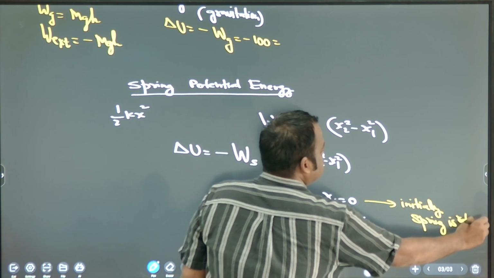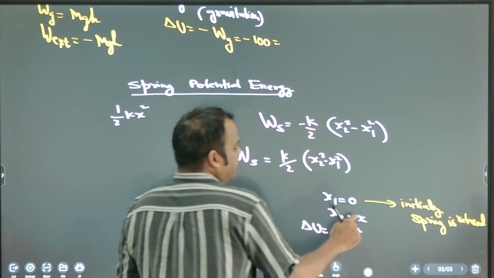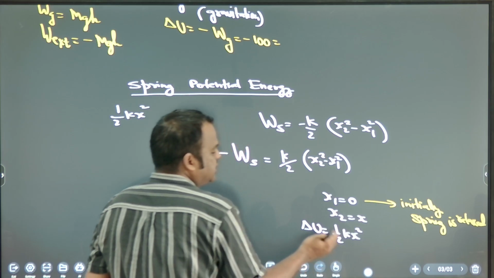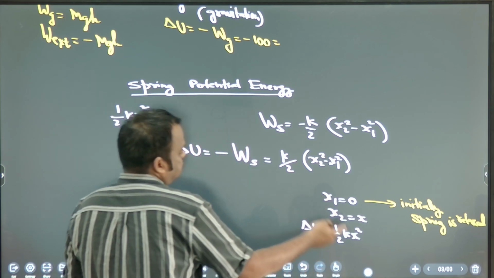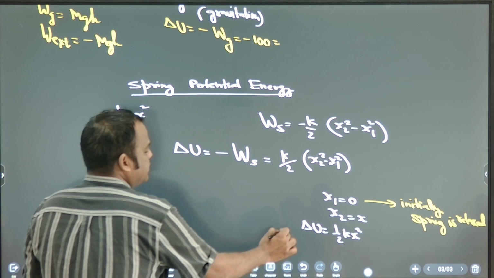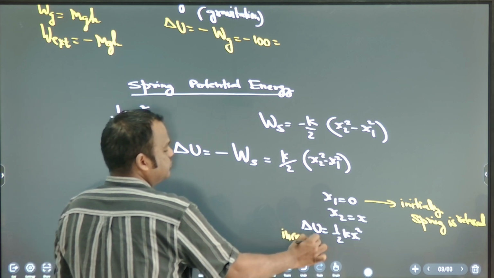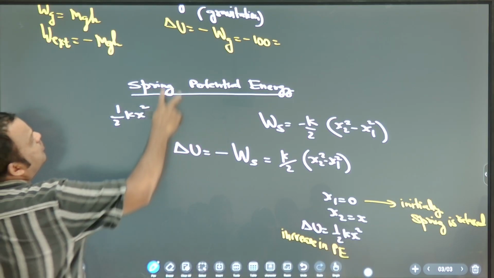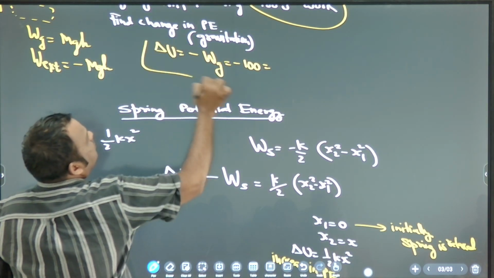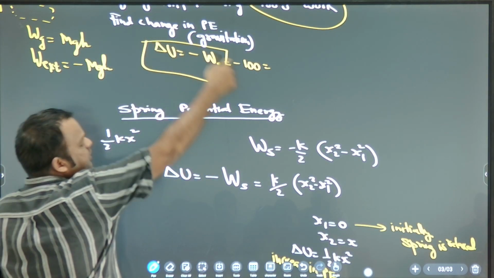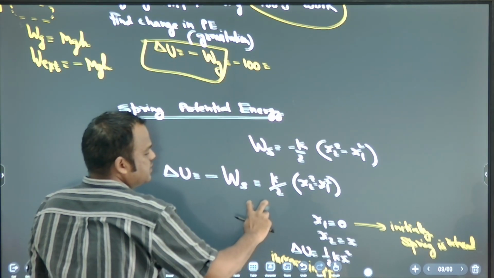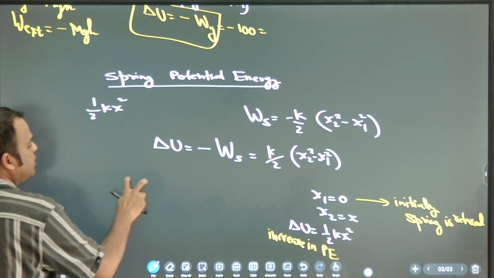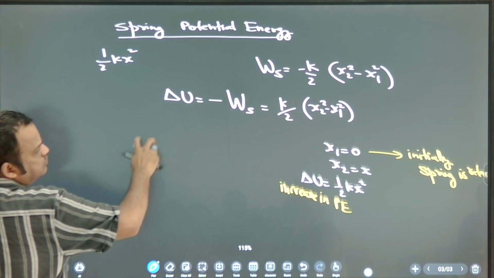If initially the spring is relaxed and finally elongation is x or compression is x, so how much will the potential energy increase? Half kx square. So this is the increase in potential energy. Okay, you observe this formula. Increase in potential energy is minus Wg. Increase in potential energy is half kx square. Okay. So this is the potential energy.